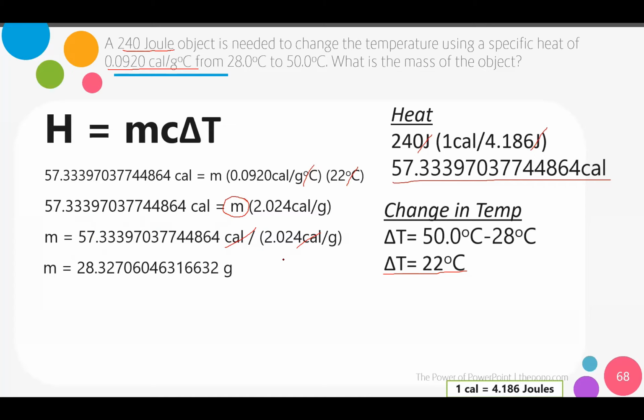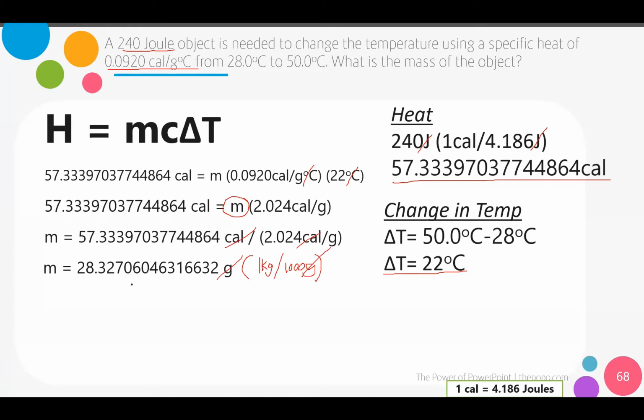And since the SI unit of our mass is in kilogram, convert natin si grams into kilogram. So 1 kilogram over 1,000 grams. So cancel yung grams.